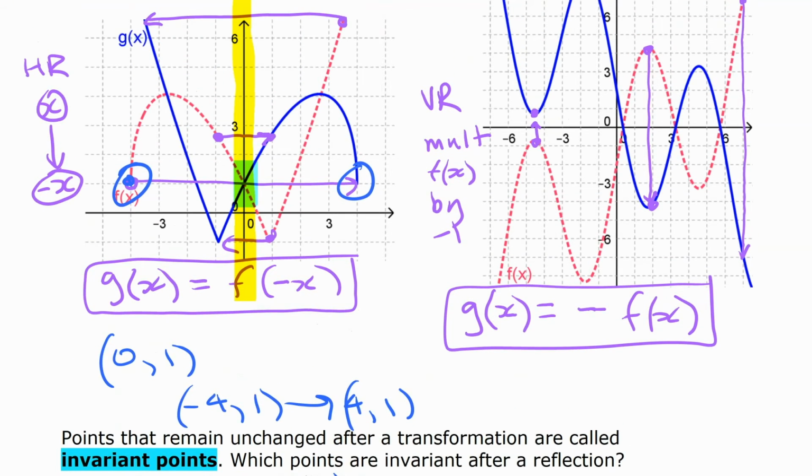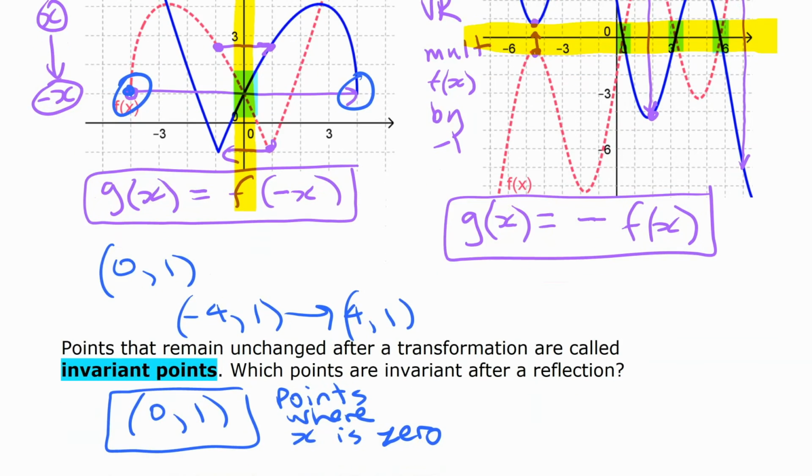And then the second one here has a few invariant points. Anywhere along this axis, that point didn't change, that point didn't change, and that point didn't change. There's actually 3 invariant points there. It's points along the line of reflection, that line right there. Any points on the original function that are on that line are invariant. And it's for the same reason, because along there, the y value is 0. Those points are approximately, we're just going to have to estimate this a little bit, about 0.3, 0.